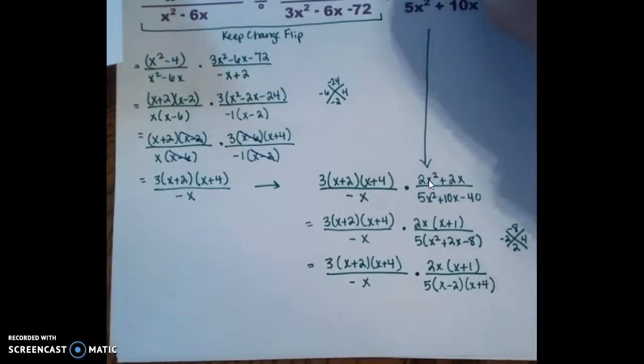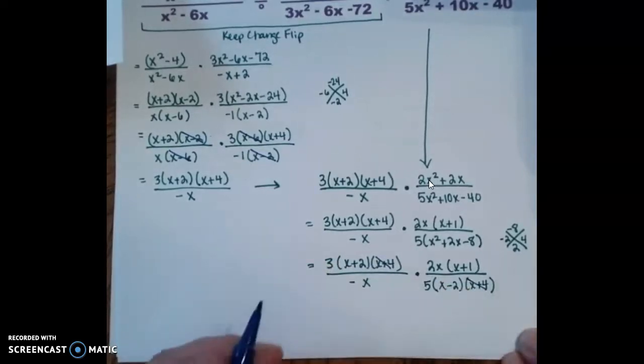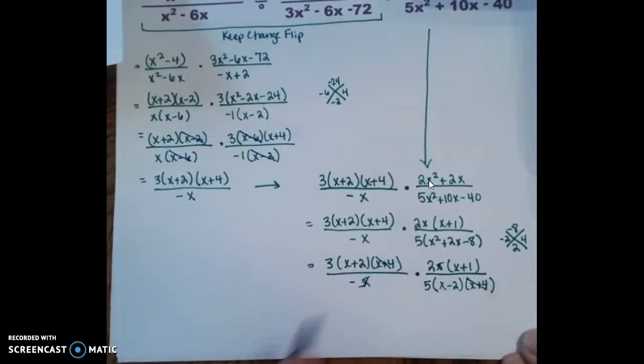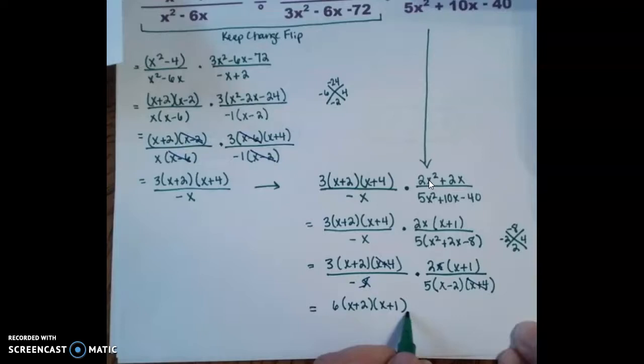So then we're ready to cross out our common factors. So x plus 4, I can get rid of this x. And then we have x plus 2, x plus 1. I think that's going to take care of it. So across the top, we have 3 times 2 would give us 6. And then we have x plus 2 times x plus 1.